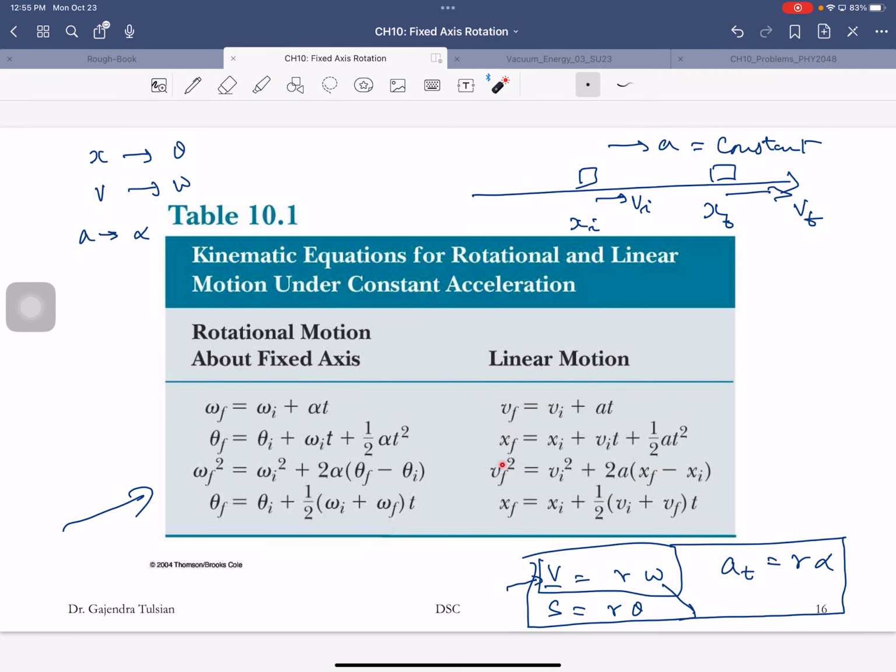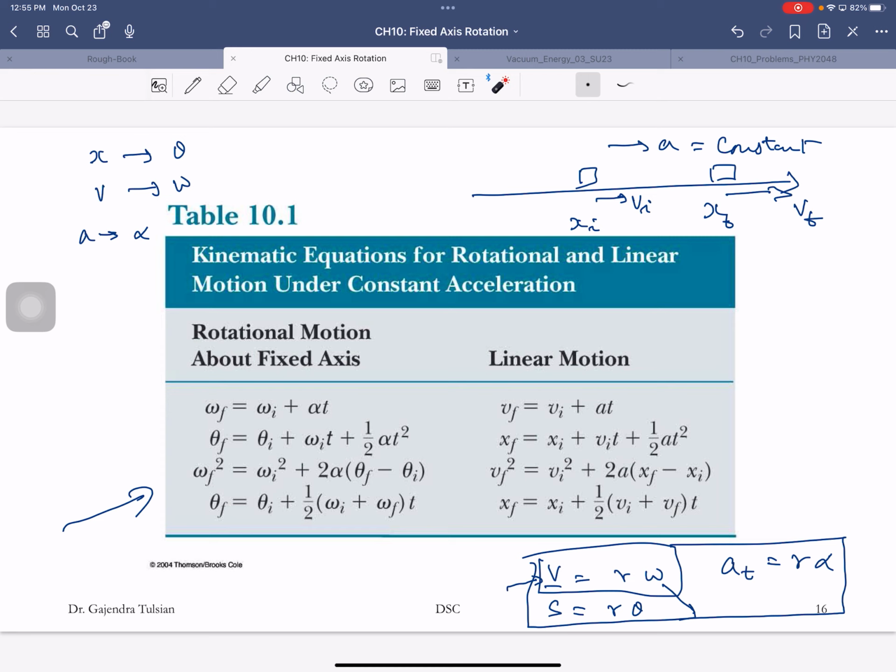These are the kinematic equations for motion in one dimension at constant acceleration, and these are the kinematic equations for rotational motion. For what kind of objects? Rigid objects about a fixed axis of rotation; they are solid, they won't deform.